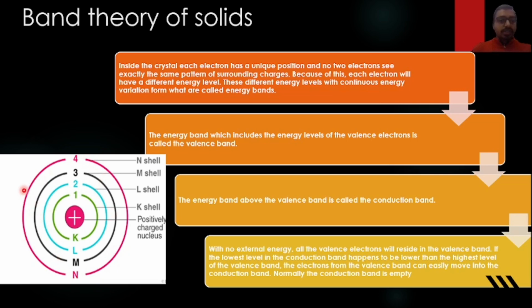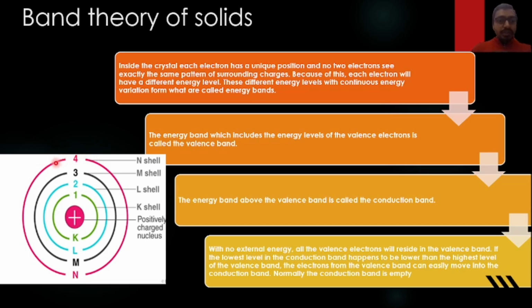The energy band which includes the energy levels of the valence electrons is called the valence band. So what is a valence electron? The electrons in the outermost shell. In this figure, the outermost shell is shell number 4, that is the N shell. The electron which lies in the 4th shell is the valence electron.